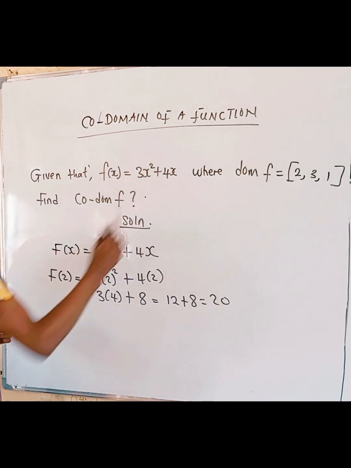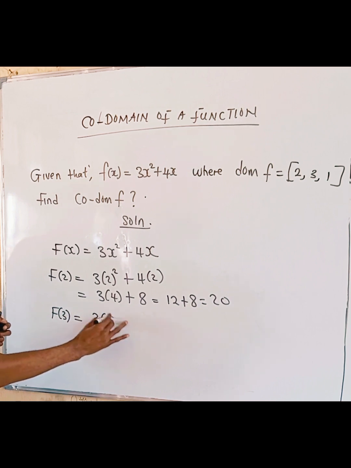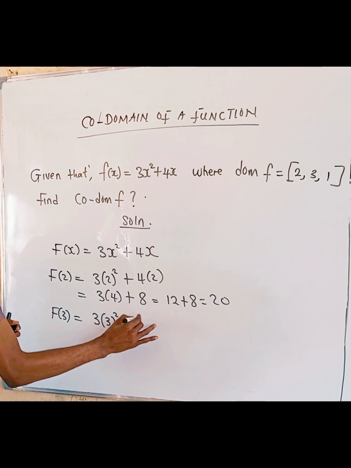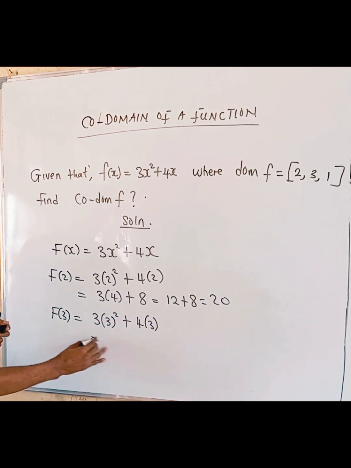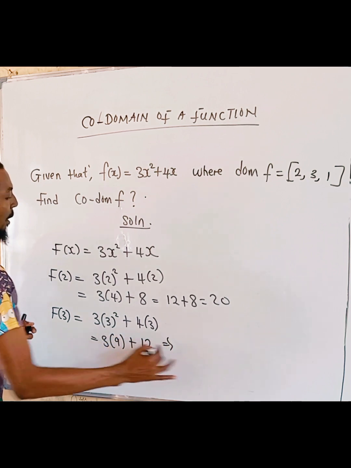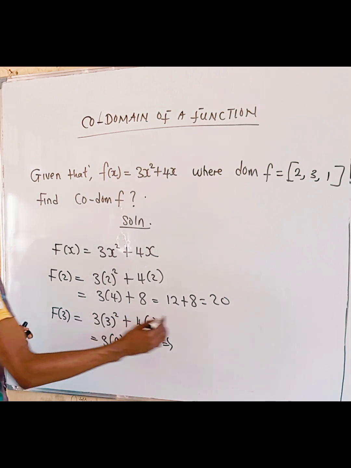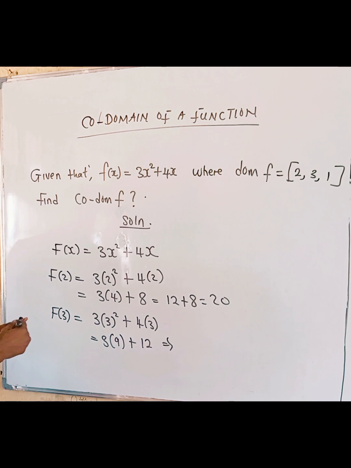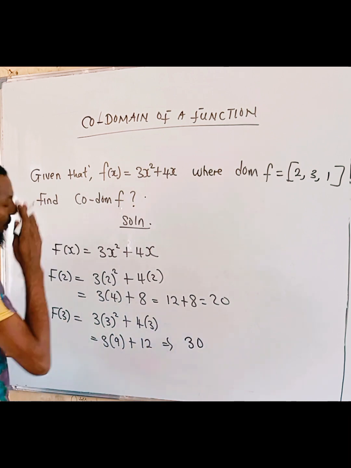The second value is when x is 3. We have f of 3 is 3 times 3 squared plus 4 times 3, and 3 squared is 9, so 3 times 9 is 27... 3 times 9 is 18 and 18 plus 12 is 30.